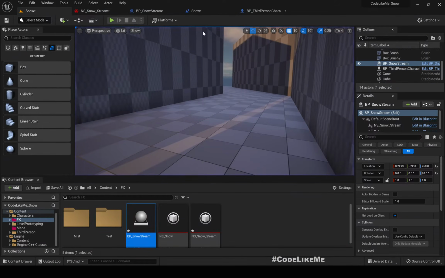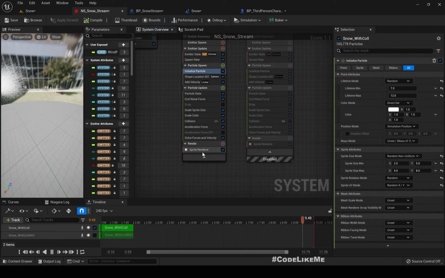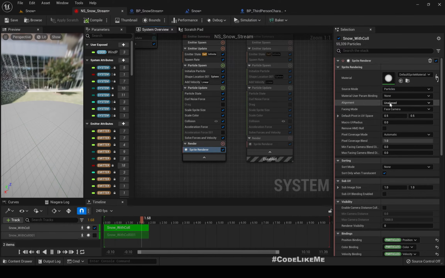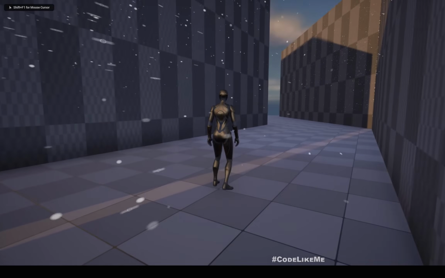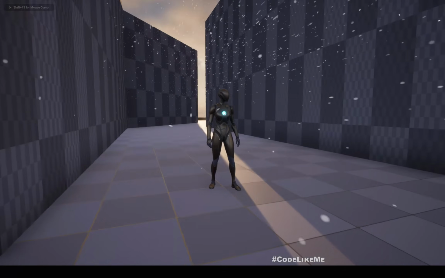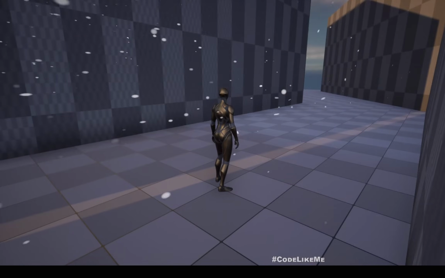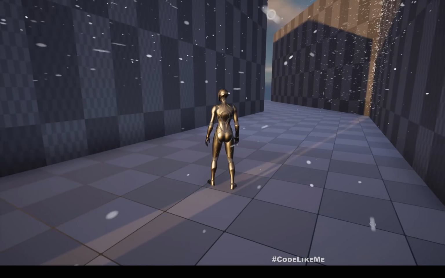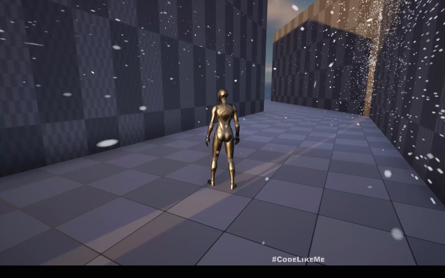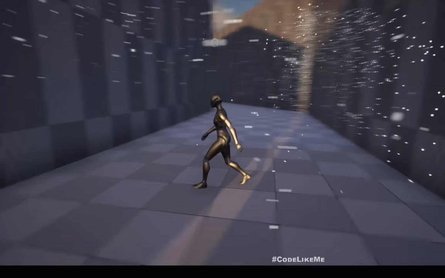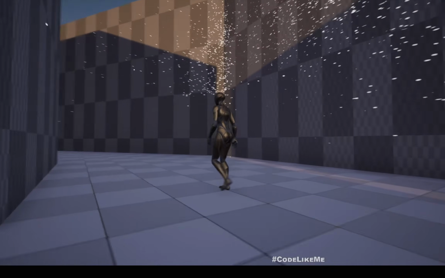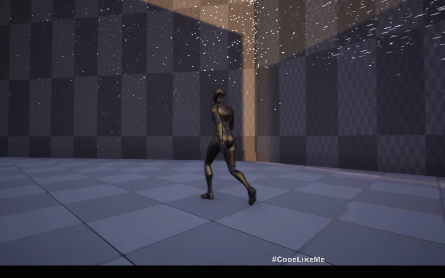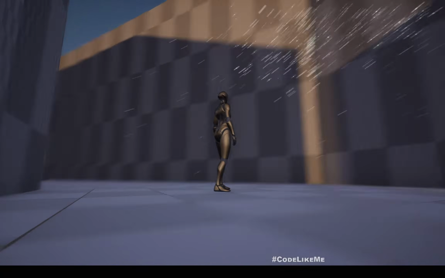Okay, and then let's align it to velocity. Right, but they look somewhat ugly in the places they hit and stop moving.